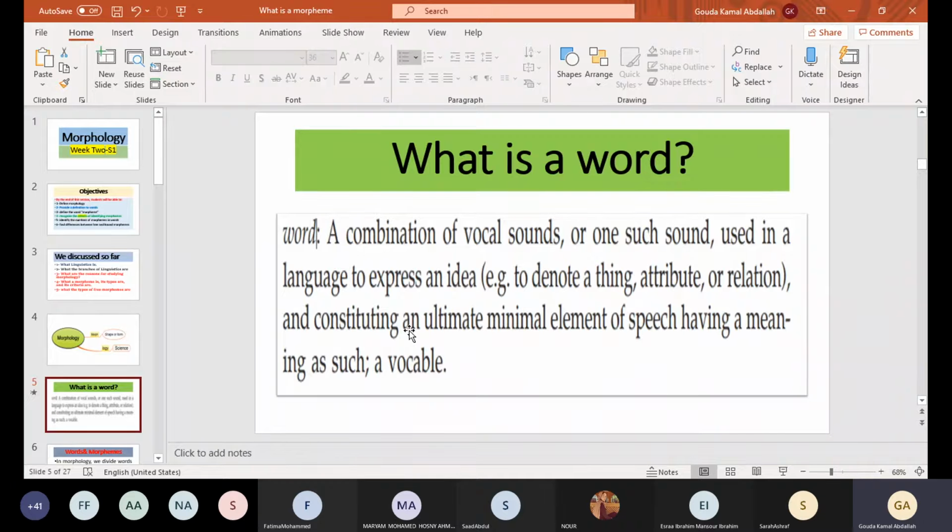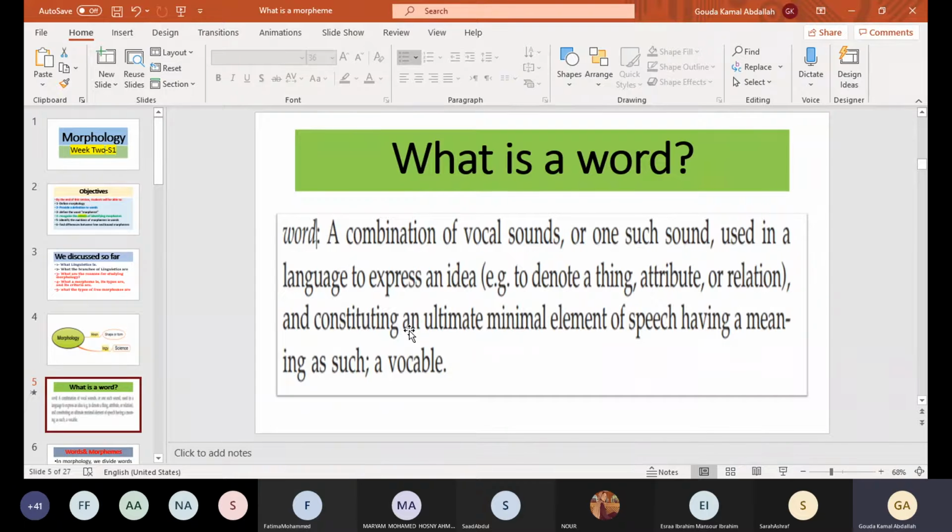For example, we have C, A, T. Individually, we have the sounds, pronounced in this word as ka. So we have the word cat. The sound alone here must be grouped with other sounds to get a word. So a very simple definition again: a group of sounds that has a meaning is a word.